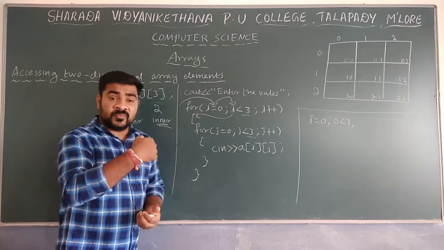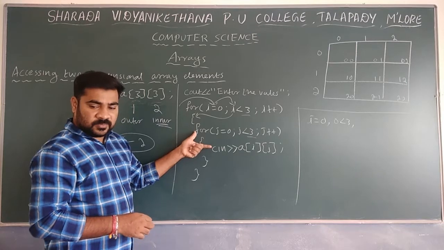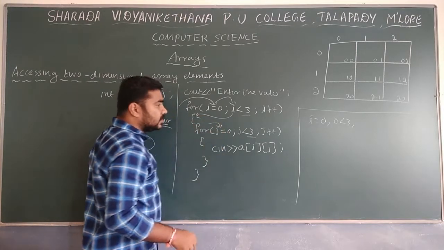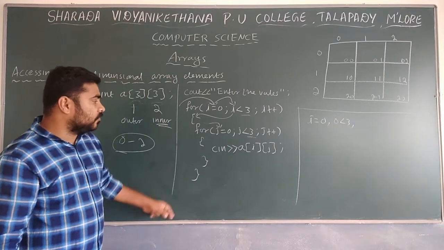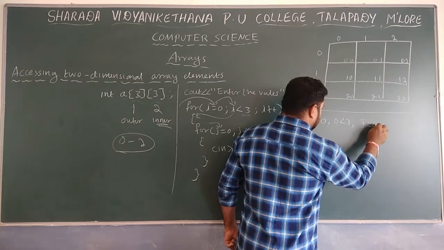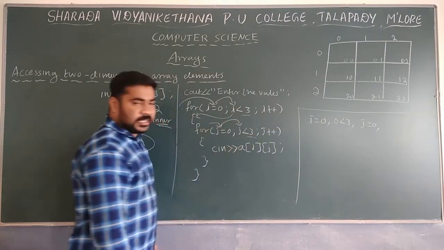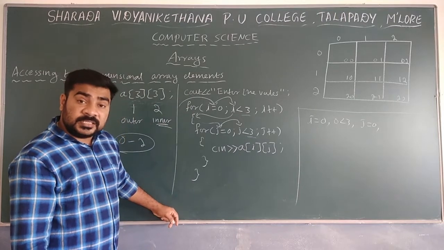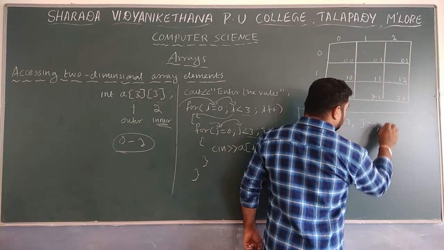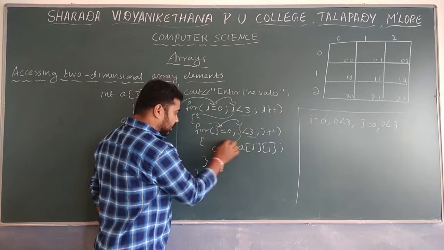But here, inside the first for loop, one more for loop is given. So it will go to that for loop. It will initialize j equal to 0. Then it checks the condition that j is less than 3. j is 0, and 0 is less than 3, so the condition is true and it will enter inside.